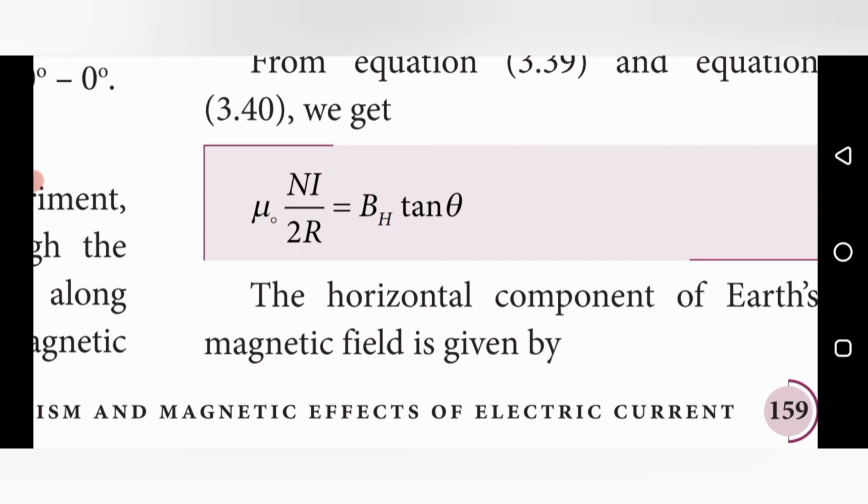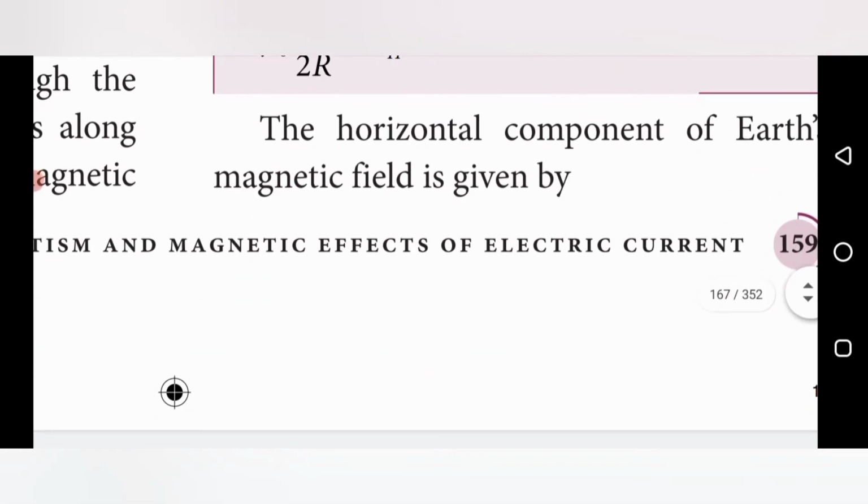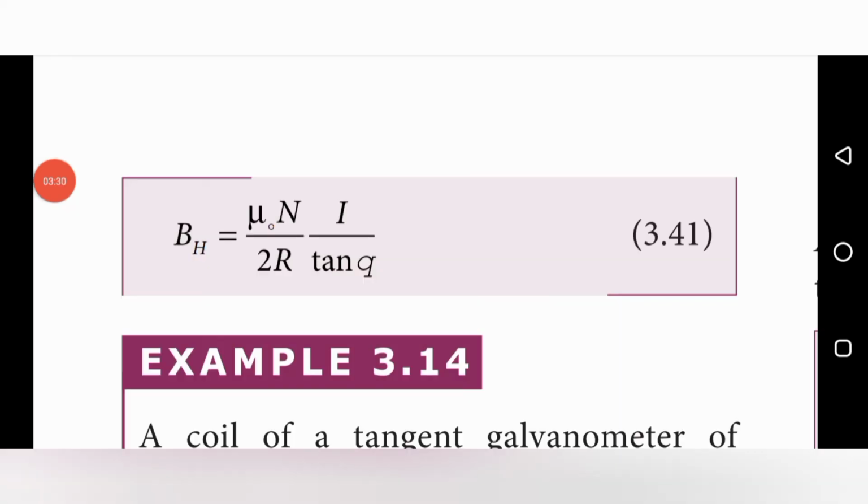Then we will find out the horizontal component of Earth's magnetic field. So BH is equal to, what is that value? BH is equal to mu naught Ni by 2r tan theta. So knowing all the values, mu naught by 2 is a constant, n is the number of turns, equal to 5 turns, generally we use that.